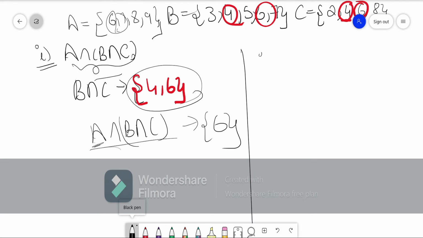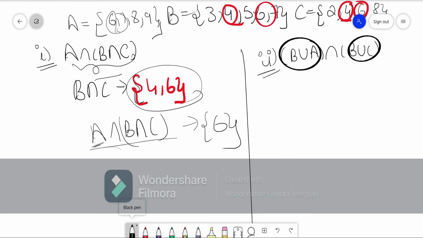Now let's move on to the second part. They've asked you for B union A intersection B union C. It means first you have to find this part, then find this part, and after finding both parts, you find the common of both of them.